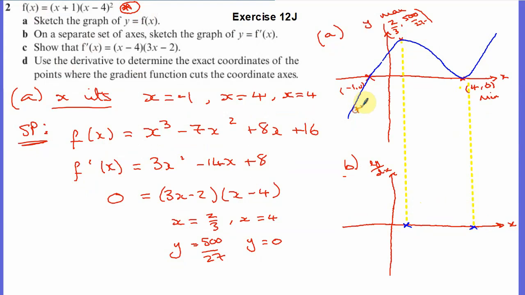Having a little think about this, well, we've got a positive gradient there. It's going to be slightly less positive, and then it's going to 0. It's negative, then it's more negative, then it stays negative, then it gets less negative here as it starts to curve back round, and then we go positive and positive.